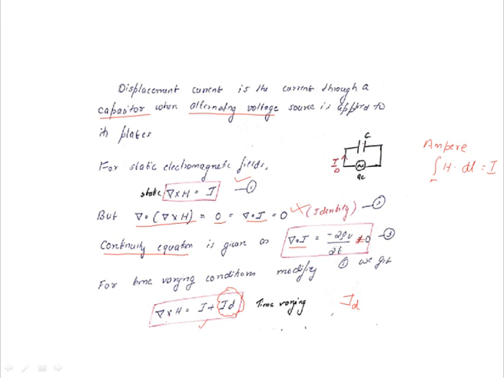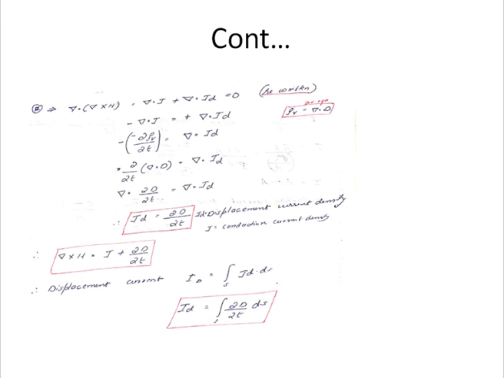So del cross H is corrected or modified. We have modified it to be J plus JD. Then the earlier equation del dot del cross H is equal to del dot J plus del dot JD, we can write. It can be equal to 0, right? It is okay. Then minus del dot J is equal to del dot JD.